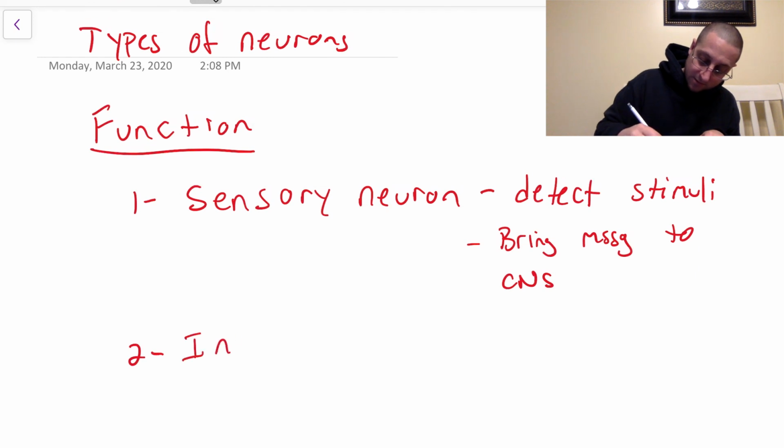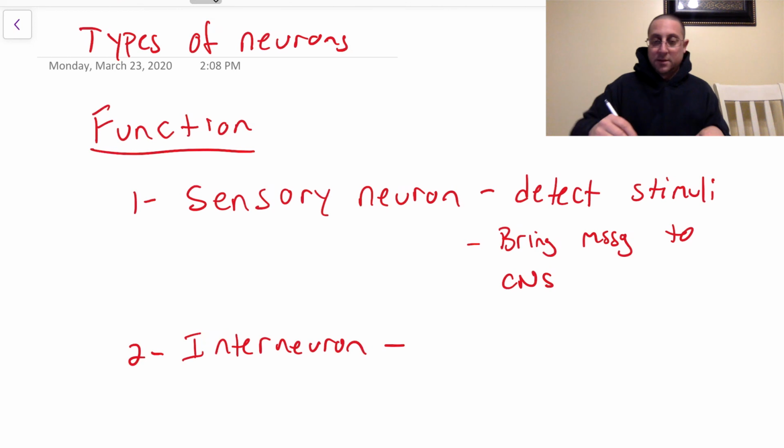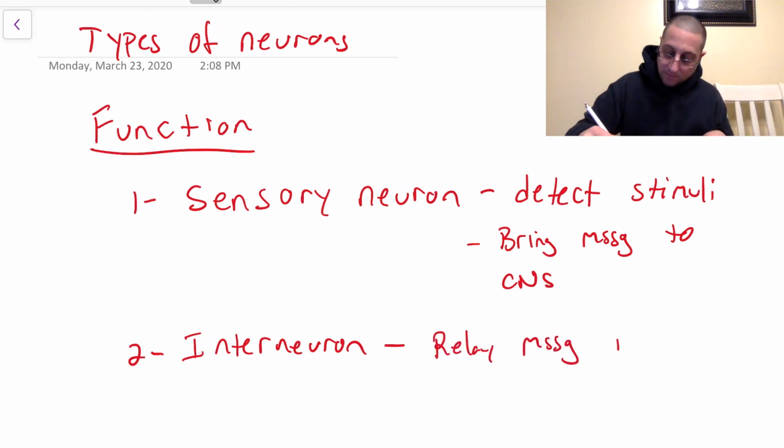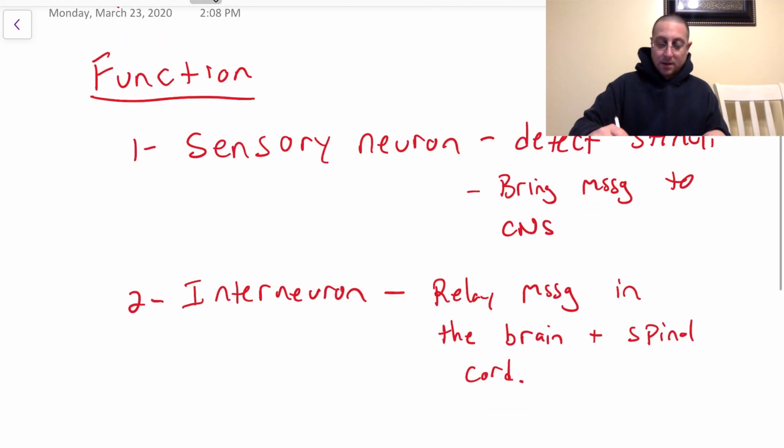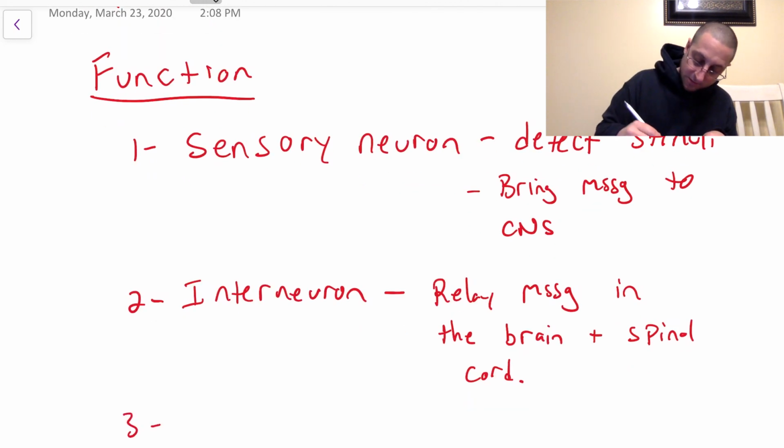Number two, the interneuron. These ones relay messages in the brain and spinal cord. And then lastly, number three, we have our motor neuron.